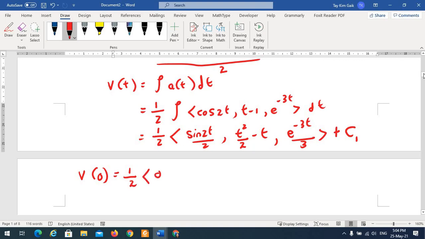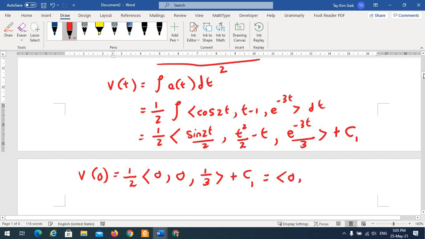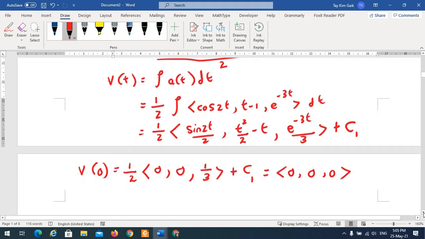Since sin 0 is 0 and t is 0, you get 0 for those components. Exponent 0 is 1, so you have 1/3 plus c1 equal to 0i plus 0j plus 0k. Now you can solve for c1.